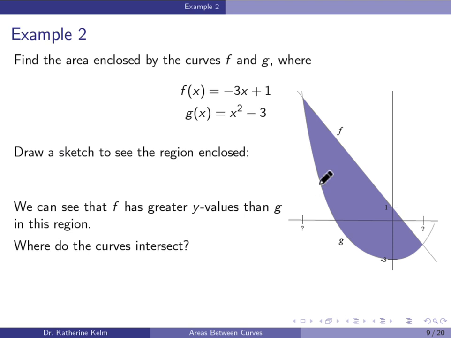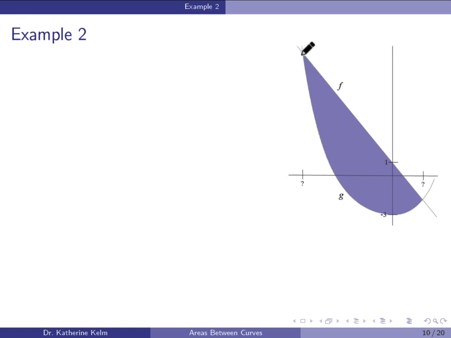In order to figure out what the limits of integration are, we will need to know what the leftmost x value is and what the rightmost x value is for the region. Notice this point is on both curves, f and g.